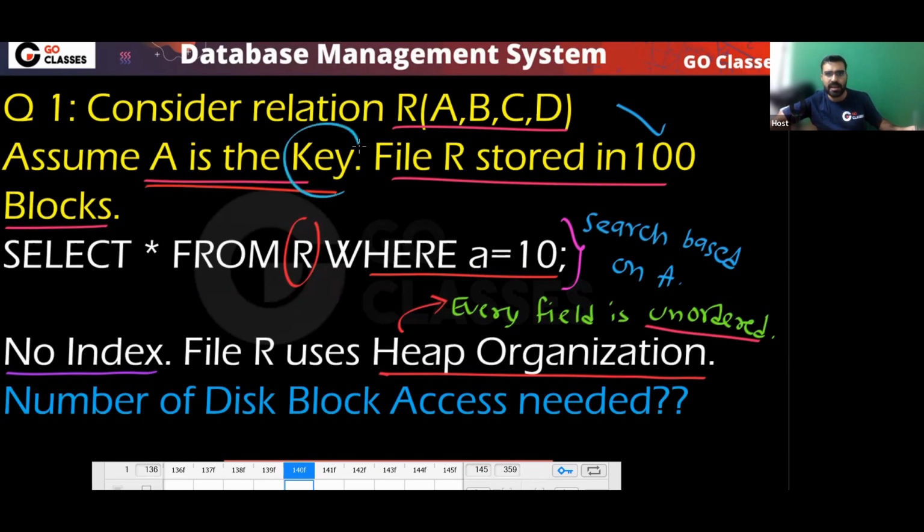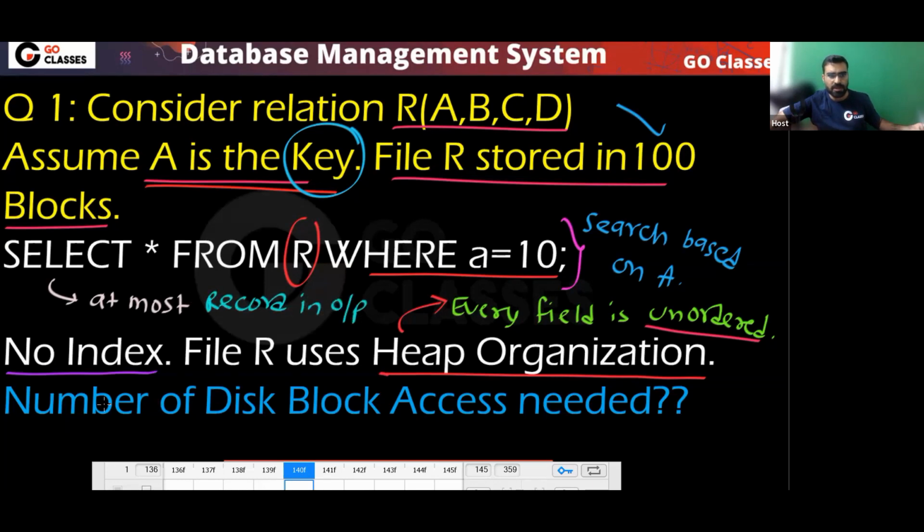There is at most one record, maybe there is no record, because A is a candidate key. So this query will output at most one record.